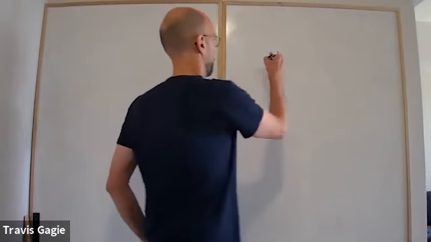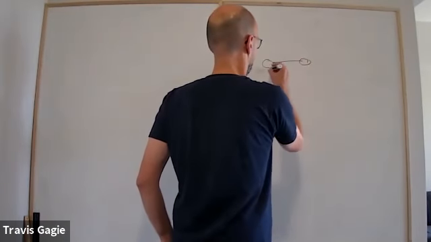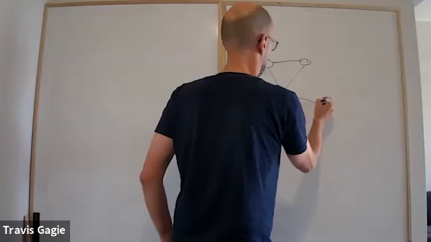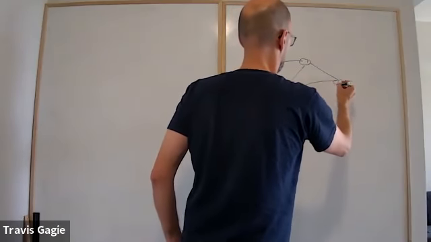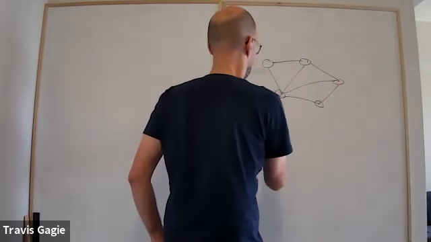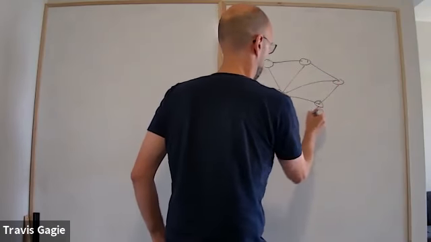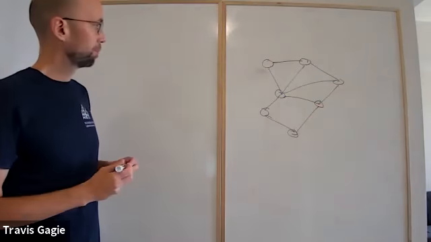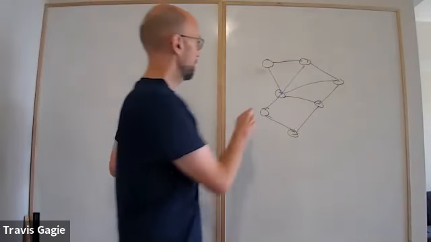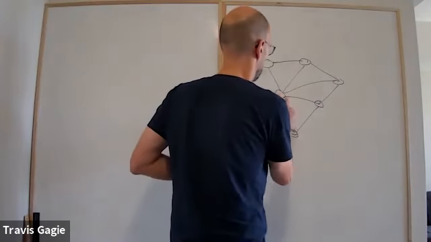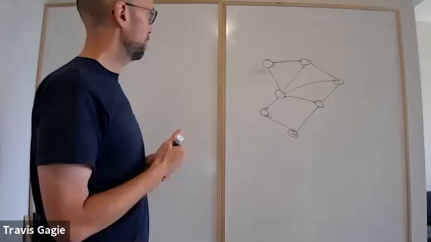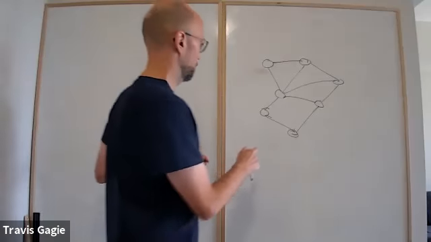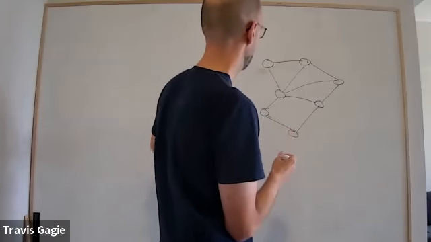Anyway, okay, so let's suppose we have a graph. Okay, this graph. And is this three colorable? Okay, so let's see if we can come up with a three coloring.